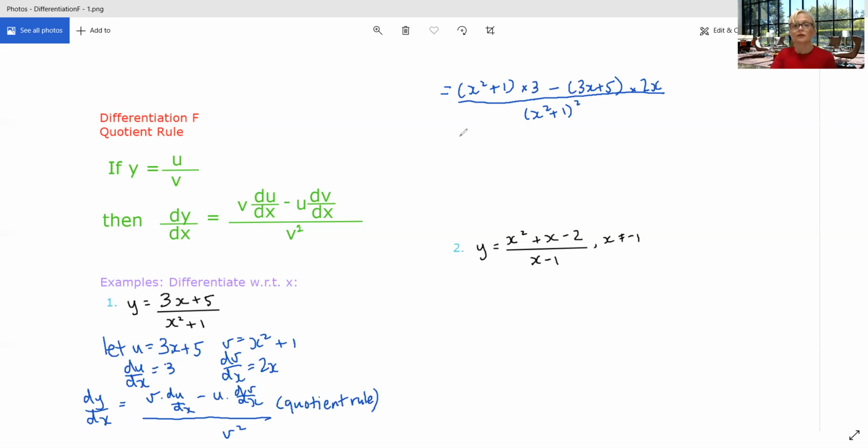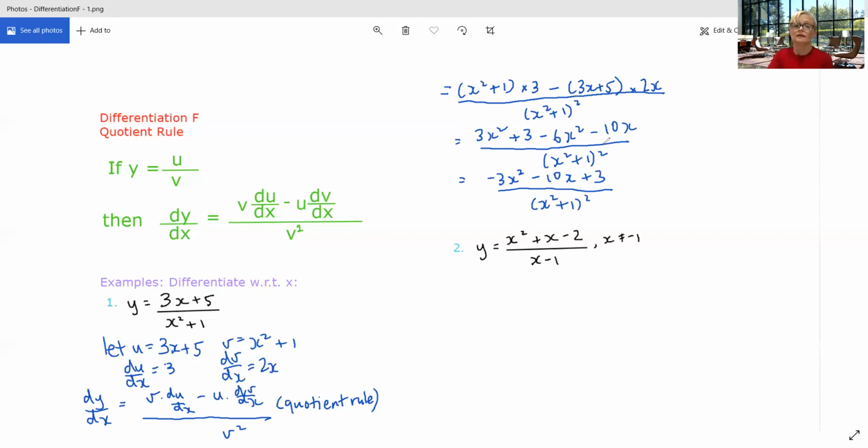Okay, tidying up our numerator, we get 3x squared plus 3 minus 6x squared minus 10x all over our x squared plus 1 squared. So we're going to get what? Negative 3x squared minus 10x plus 3 all over this squared.